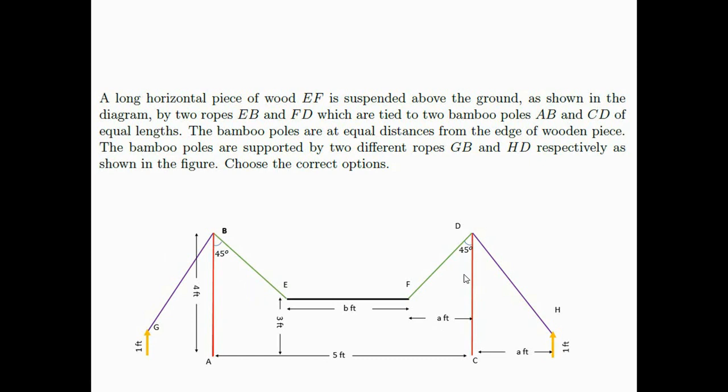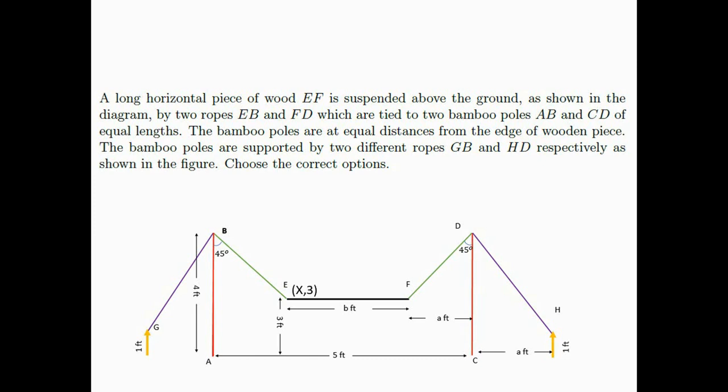Now, the height of the bamboo poles is not given here, whereas from the given options it is given that the height of the wooden plank or wood is 3 feet.